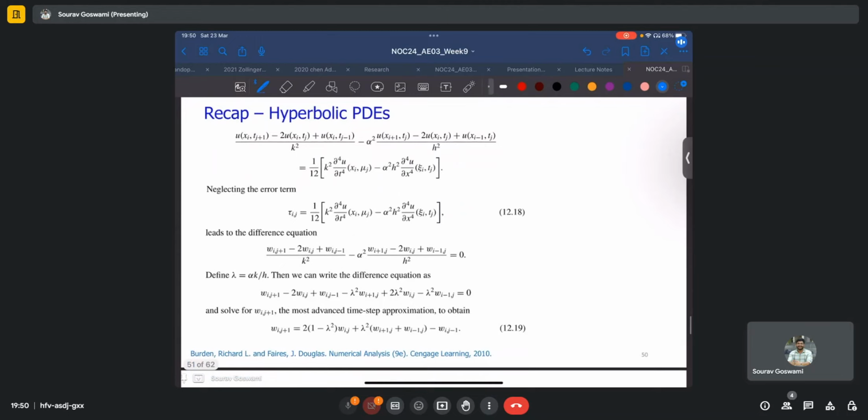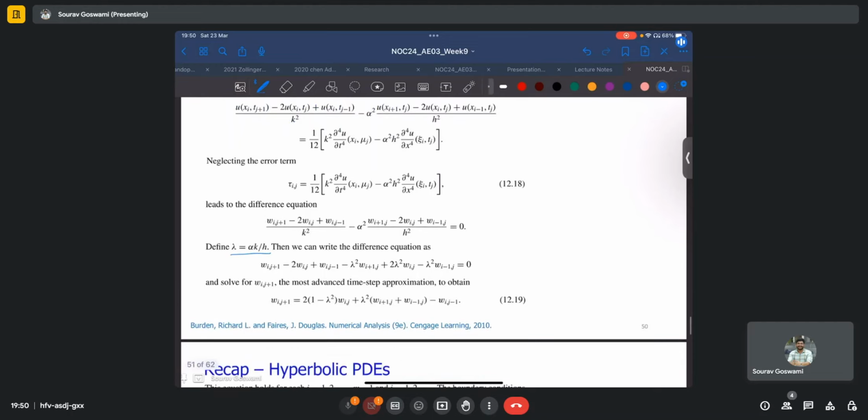If this error term is neglected, we end up with the familiar form of the wave equation: wi,j plus 1 minus 2 wi,j plus wi,j minus 1 by k square, minus alpha square wi plus 1,j minus 2 wi,j plus wi minus 1,j by h square, is equal to 0. Again, we define the quantity lambda as alpha k by h, and can then rewrite the difference equation in this form.